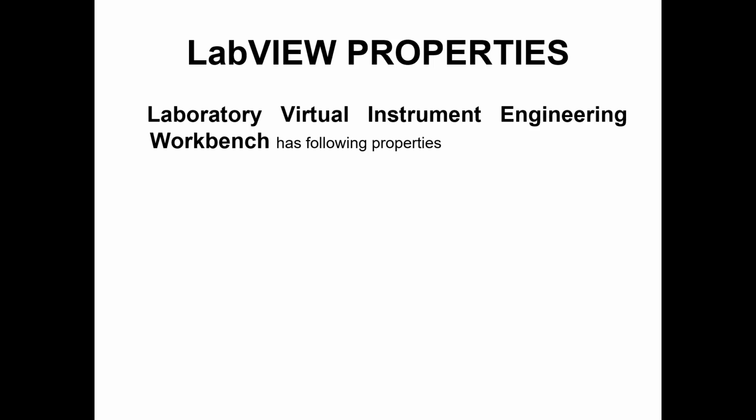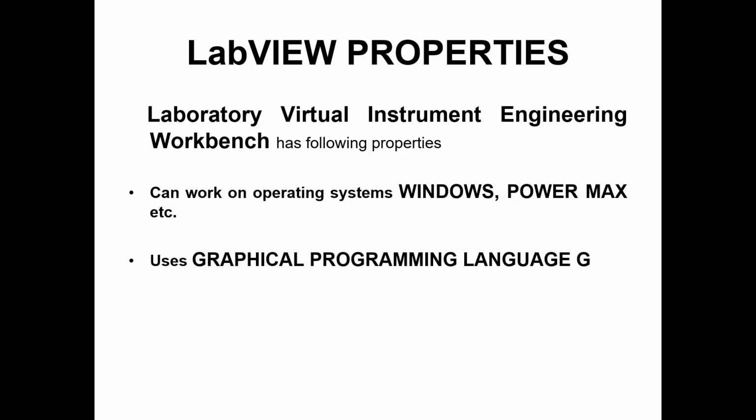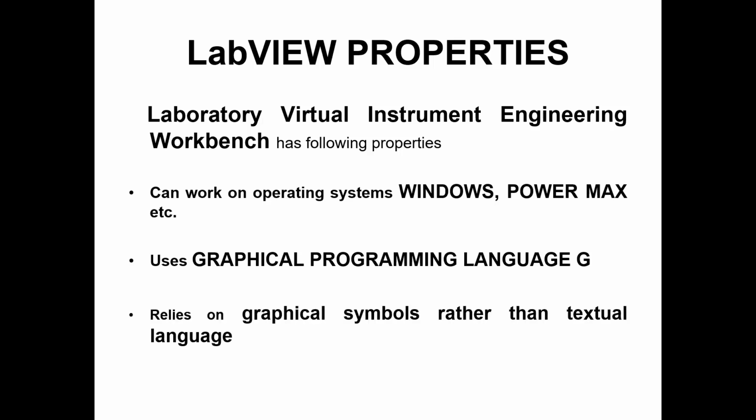Some of the properties of LabVIEW: LabVIEW, the Laboratory Virtual Instrument Engineering Workbench, has the following properties. It can work on many operating systems such as Windows, Power Mac, etc. It uses the graphical programming language G, which relies on graphical symbols rather than textual language.